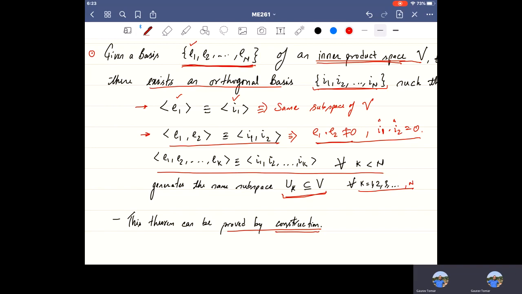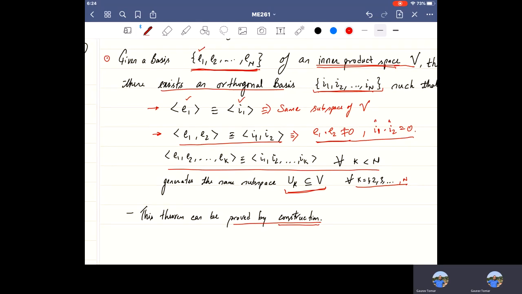And the third way is proof by construction. You say, for any general values, I can just show that it can be constructed. So that's the third way of proving theorems, and for this particular thing, we'll use proof by construction.